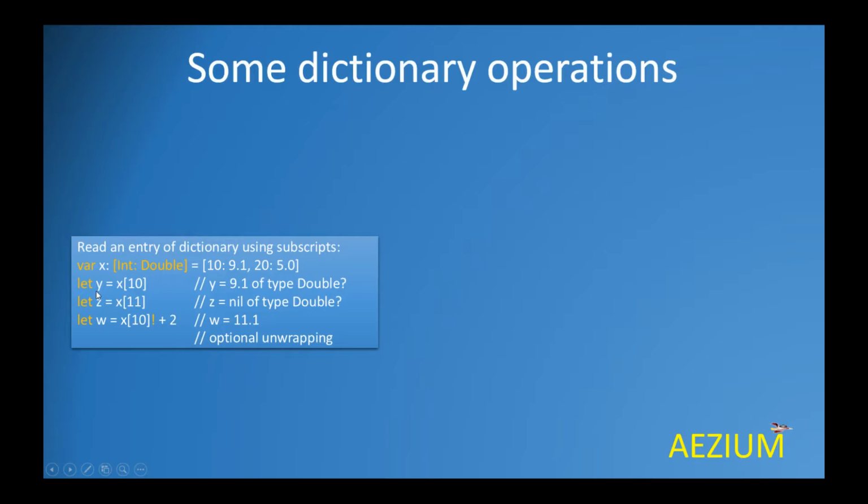If you want to read the value of the dictionary corresponding to key 10, we use this notation, x followed by square brackets, and within the square brackets we insert the key of interest. This would return the value of the key value pair, which is 9.1, and that is assigned to y.